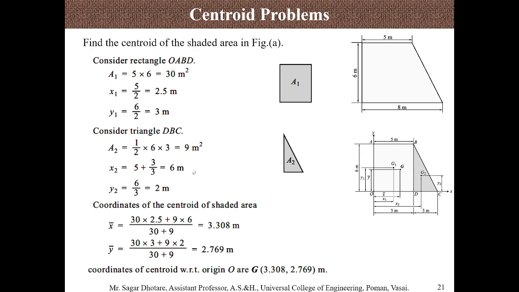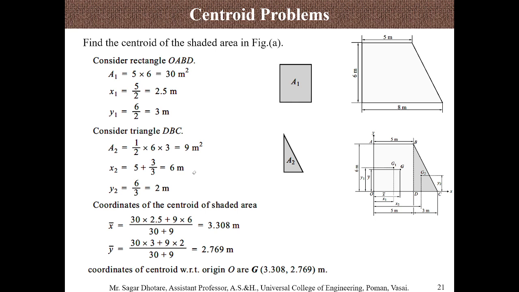Now identify the exact center of gravity location for the whole figure. We are combining both, using the coordinates of the rectangle and the triangle to locate the exact centroid of the whole figure.